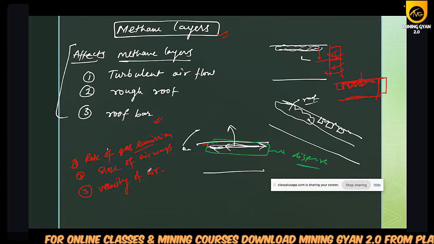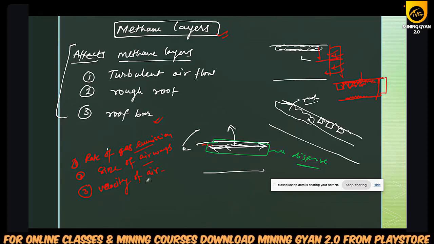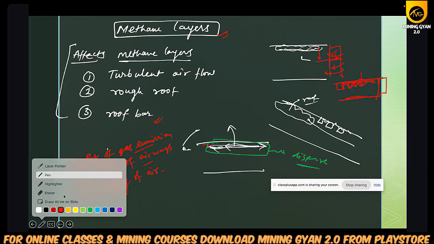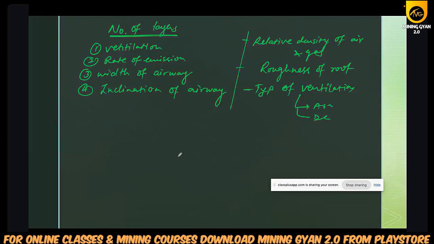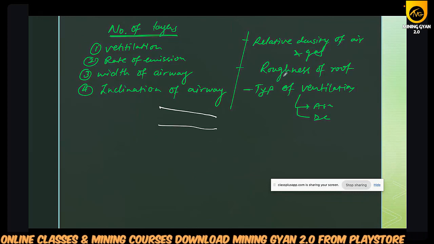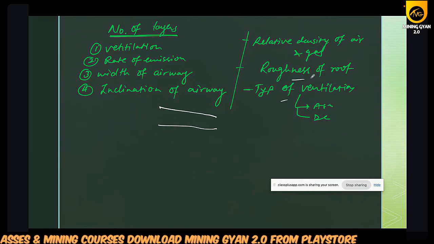So the rate of gas emission also affects it, the size of the airway, the velocity of the air. We have seen that the number of layers also depends on ventilation, rate of emission, width of the airway, inclination of the airway. Inclination, I told you about this type of inclination. Also the relative density of the gas and air, roughness of the roof, and type of ventilation.